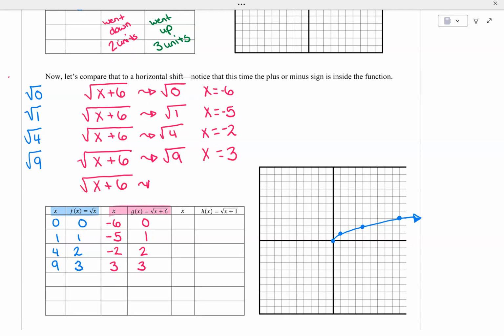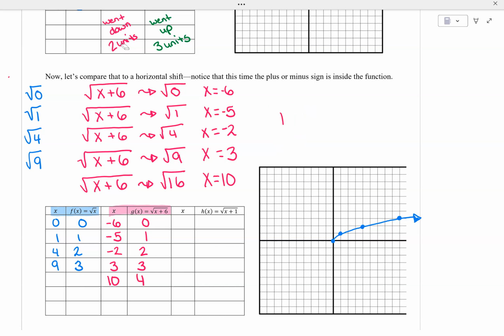The next perfect square would be a 16. What would x have to be so that when I add 6 to it, I would get 16? Well, hopefully you said 10. So if I plug in 10, 10 plus 6 is 16. The square root of 16 is 4.